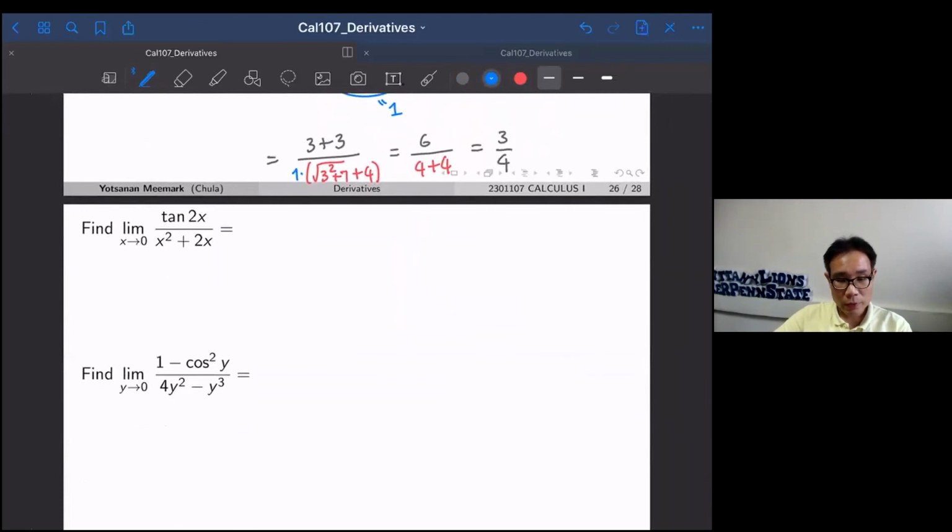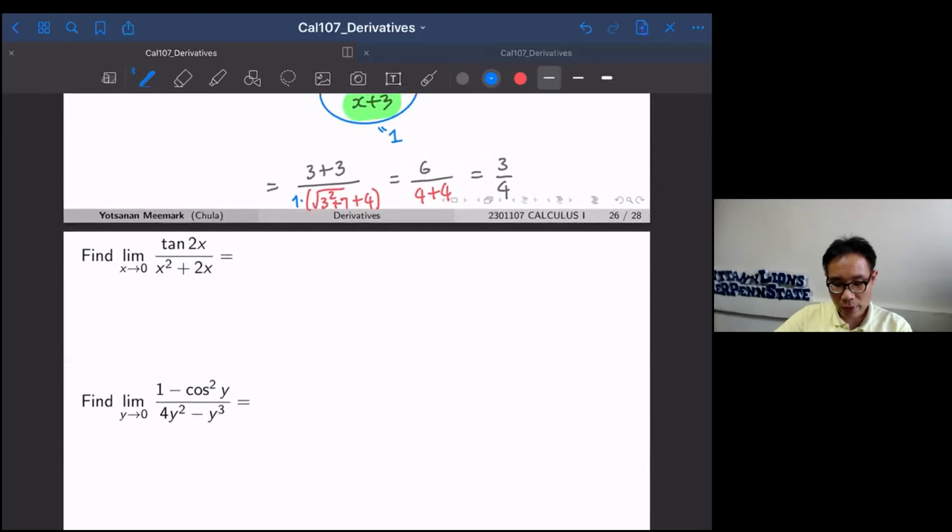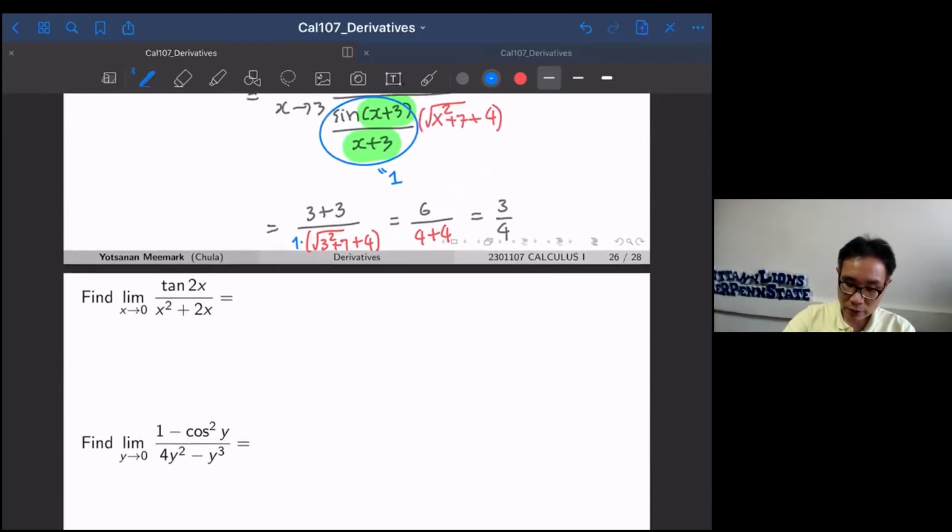The next one will be tan 2x over x squared plus 2x. What is tan 2x? Tan 2x turned out to be sin 2x over cos 2x, right?